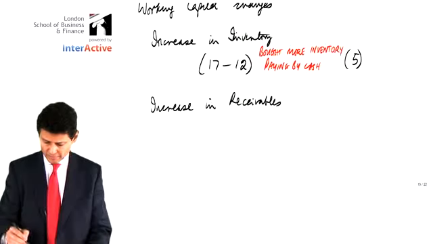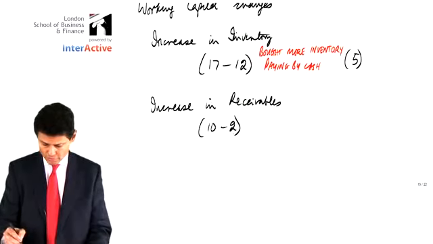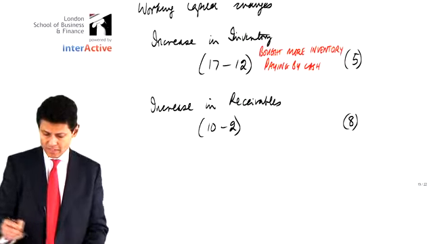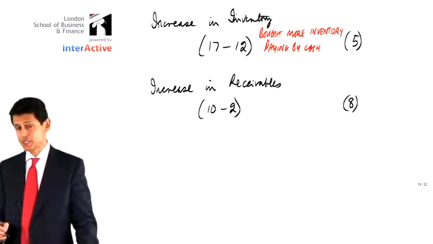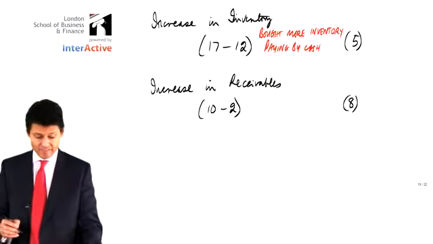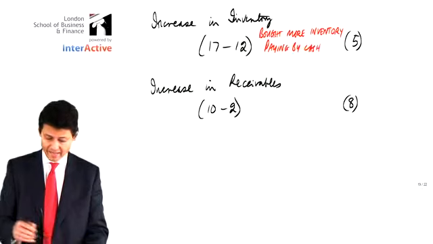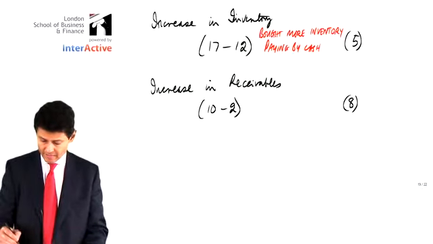Increase in receivables, 10 minus 2 equals 8. What that means quite simply is I lost cash because I failed to collect. So let's bring that in.